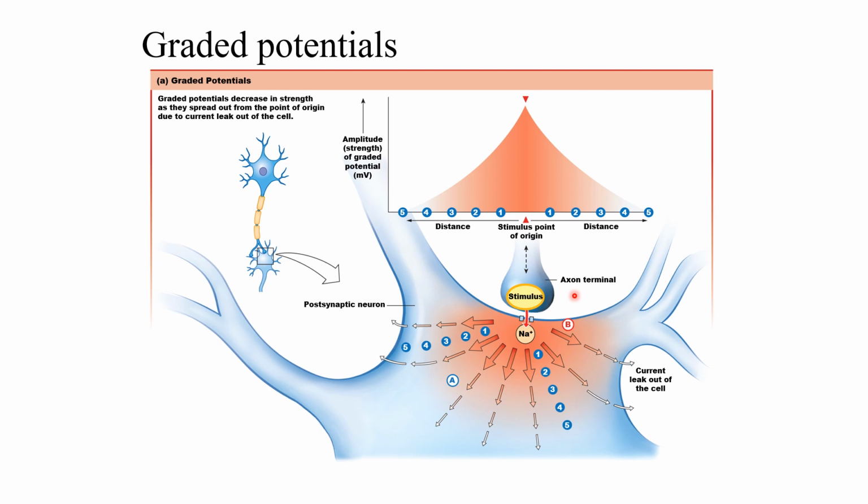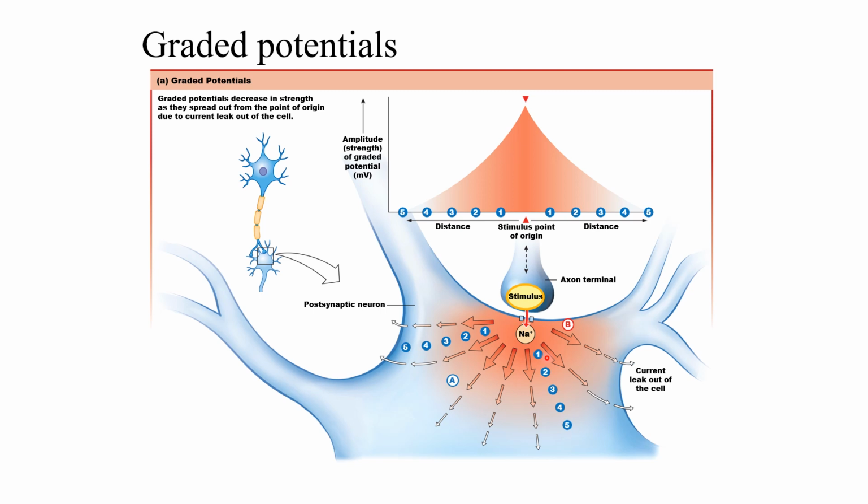Once those neurotransmitters bind to the receptors, that's going to trigger channels to open up, sodium channels to be more precise, and sodium is going to start entering into the cell. Why is sodium entering into the cell? Because the sodium is going to be moving down its concentration gradient, and since we have more sodium outside of the cell, the sodium is going to be moving from outside to the inside of the cell.